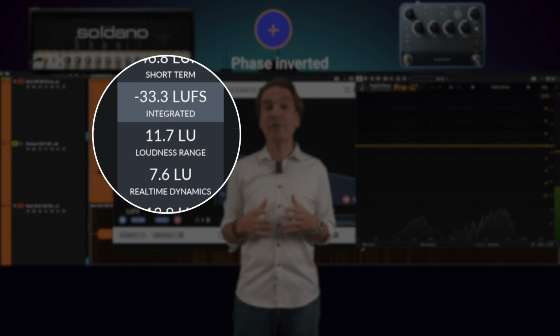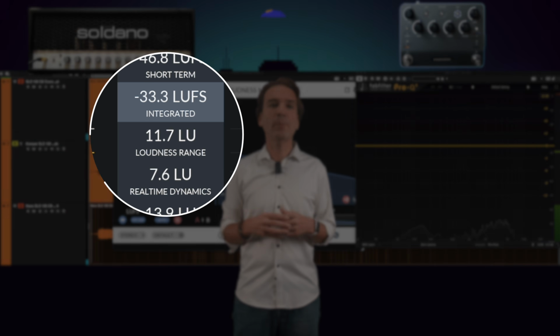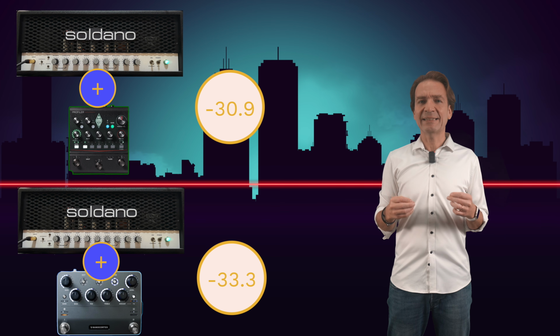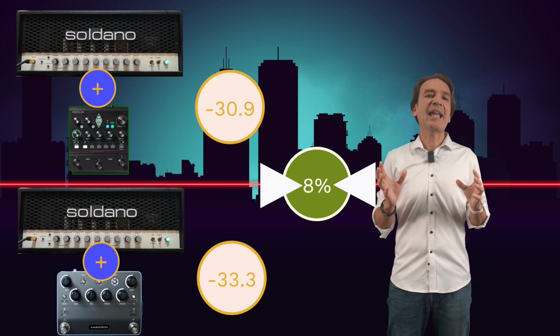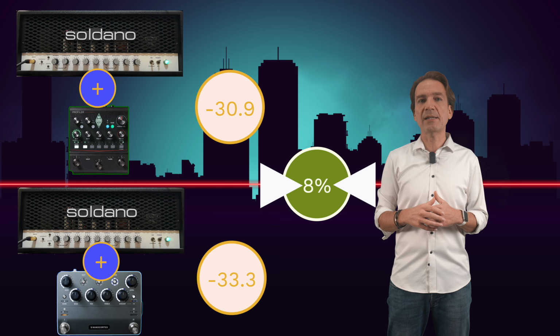The resulting LUFS is minus 33.3. Therefore, we can say that the Nano Cortex has a higher fidelity compared to the Kemper. Actually, with some math, we can say that the Nano Cortex is around 8% better than the Kemper.